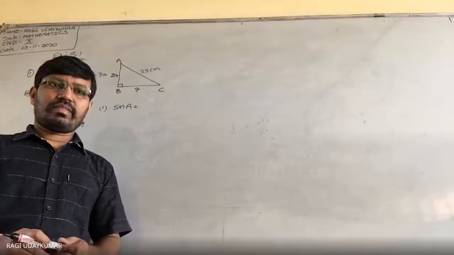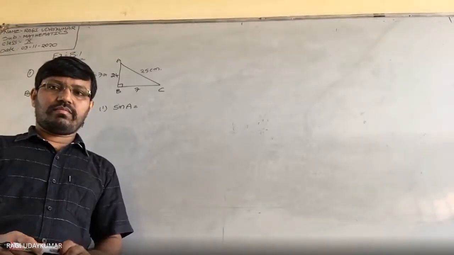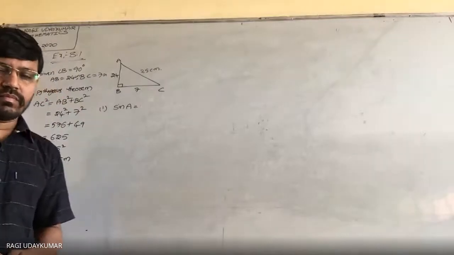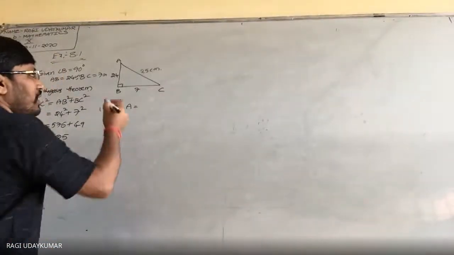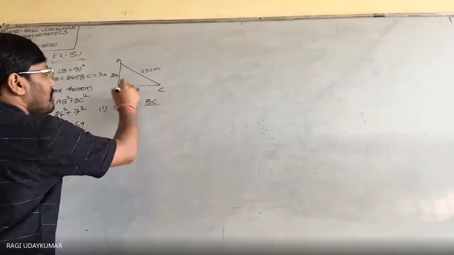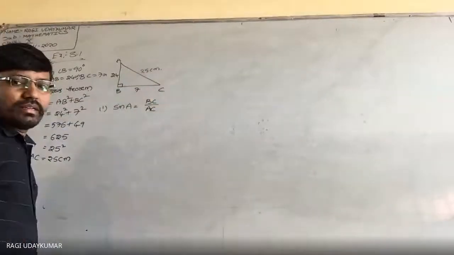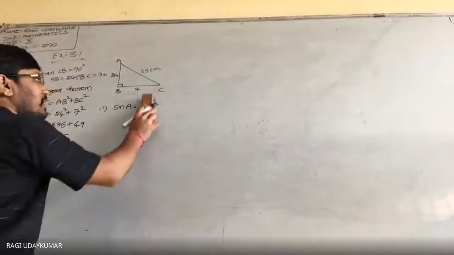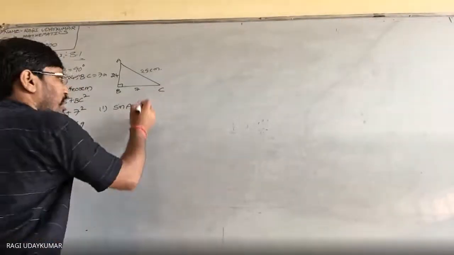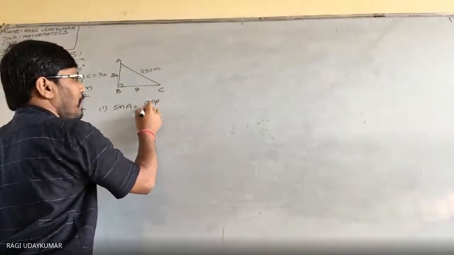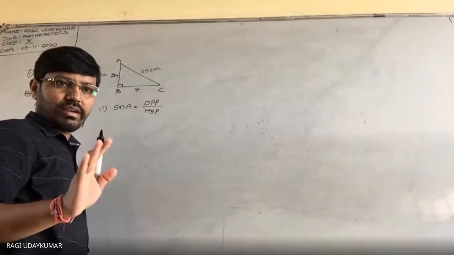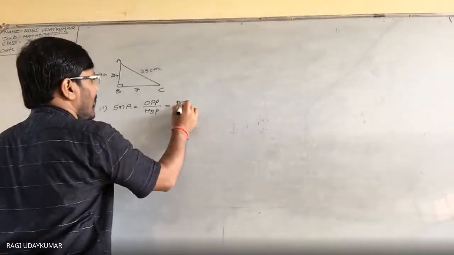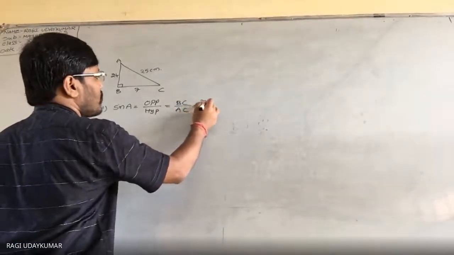So it's 7 by 25. You first have to write BC by AC. Actually, before that, you can write opposite by hypotenuse. Sine is nothing but opposite by hypotenuse. Now opposite is BC and hypotenuse is AC, which is equal to 7 by 25.